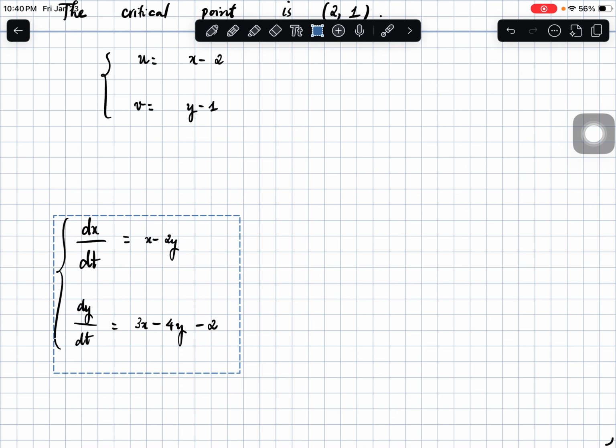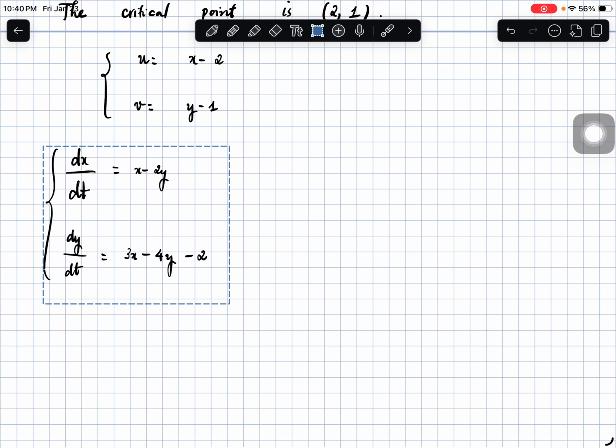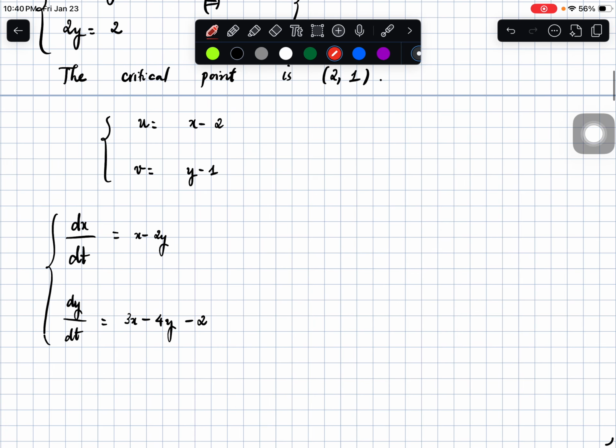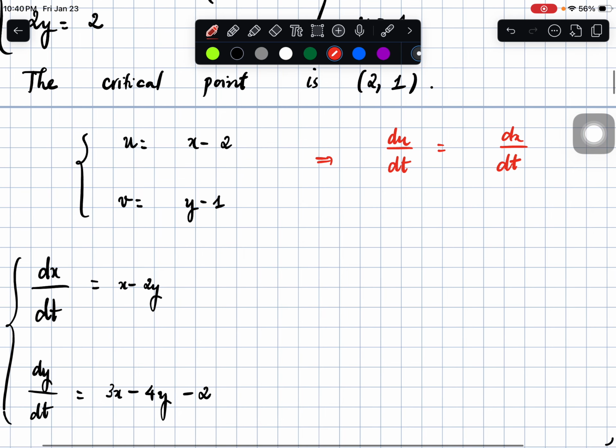We need to compute dx over dt. u equal to x minus 2, so du over dt is just dx over dt, and if you take the derivative here, this one will be 0. Similarly for the second equation, dv over dt is just dy over dt minus 0.